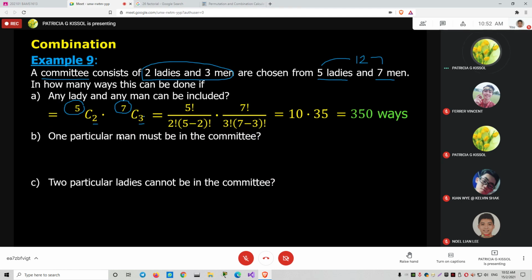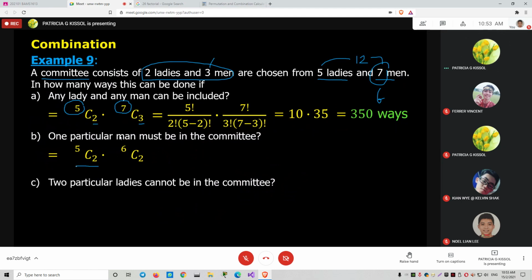The next question: one particular man must be in the committee. That means one of the men is already in the committee. We don't have to choose that man, but the 2 ladies we still have to choose. Since one of the men has been chosen, we only have 6 more men to choose from, because one man is confirmed already in the committee. So for the ladies, it's still 5 combination 2.